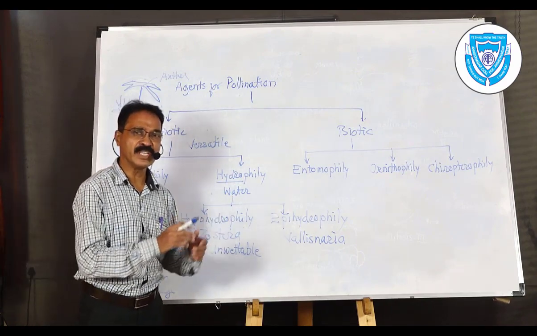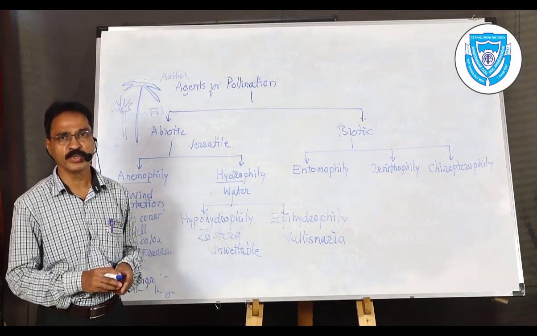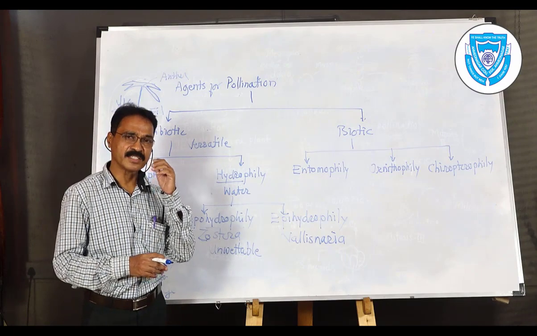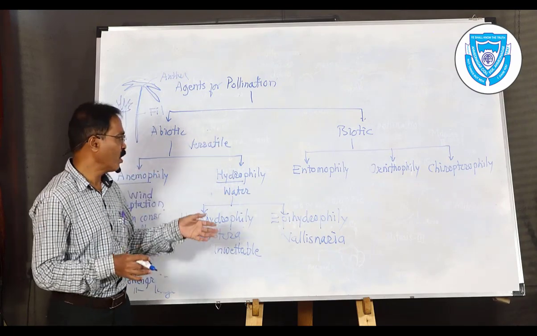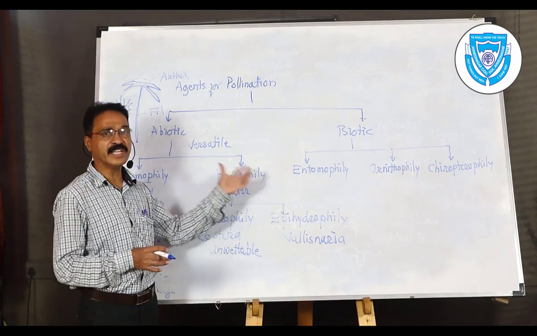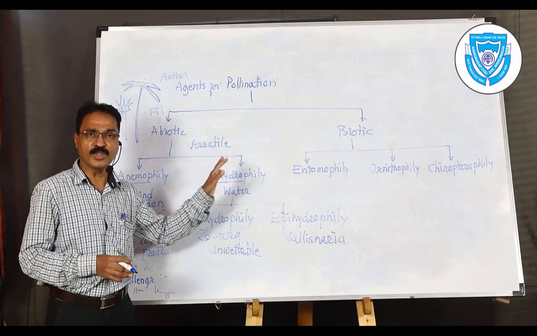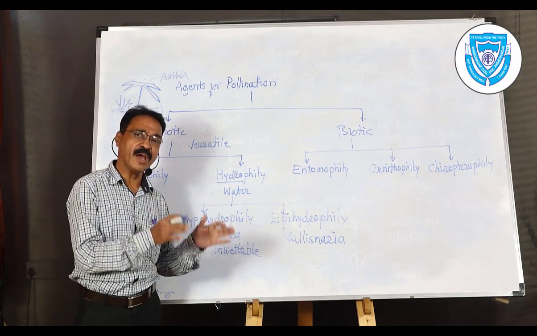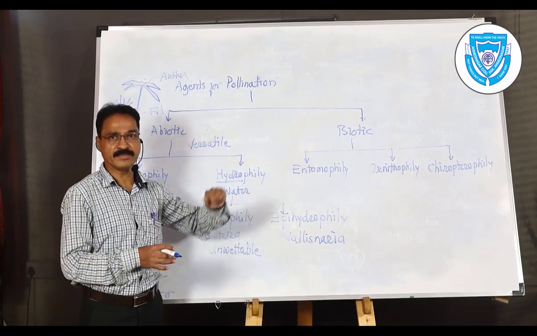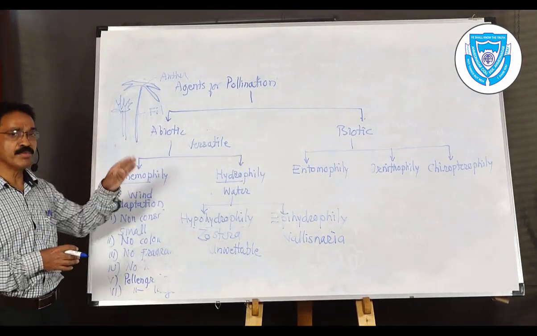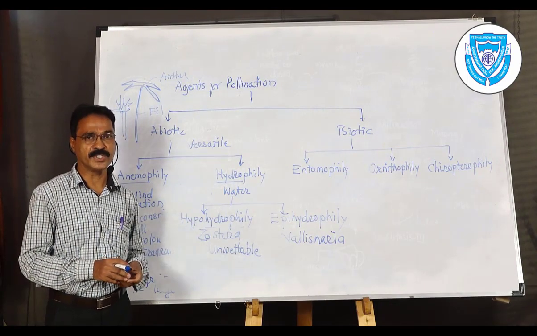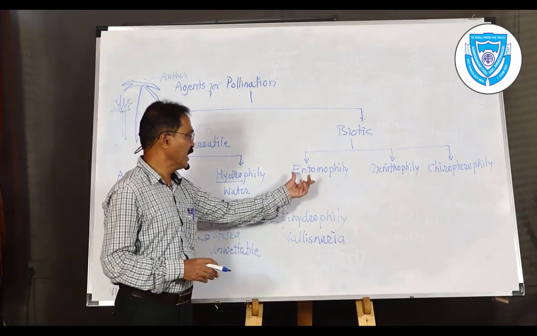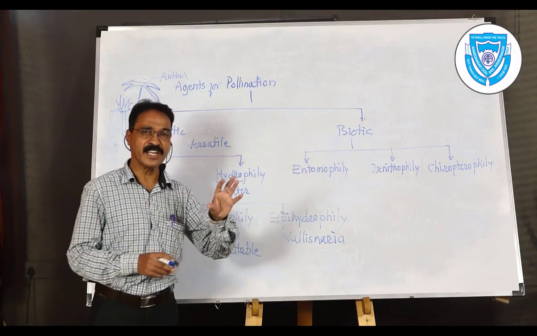But one more thing I must say to you, that all the aquatic plants do not require hydrophily, that is, water as the agent. Water is not the agent for all hydrophytes, because some may have entomophily, some may have anemophily as the agent for pollination. In entomophily, you can see that the flowers are decorative.